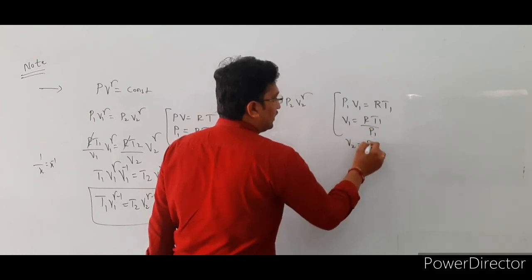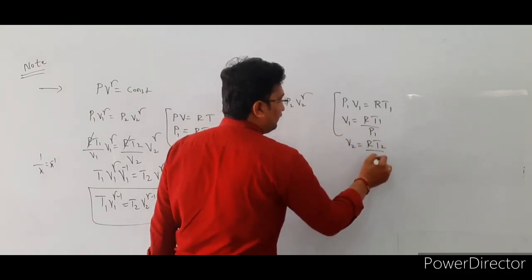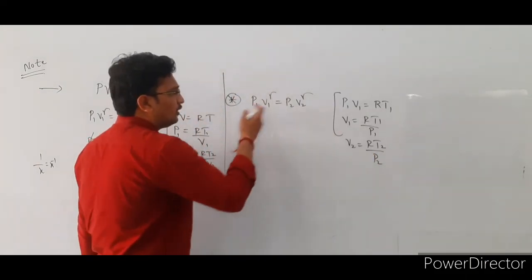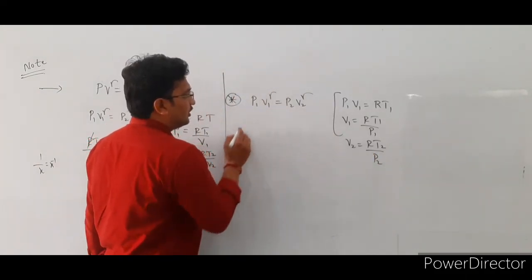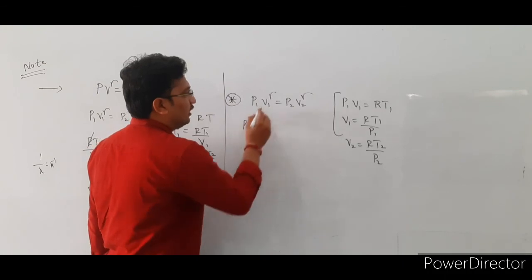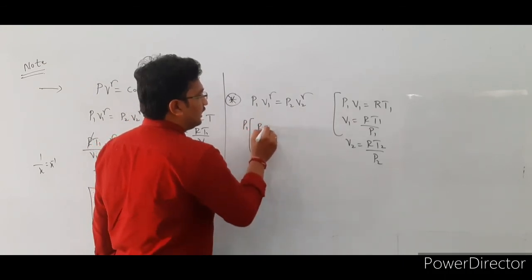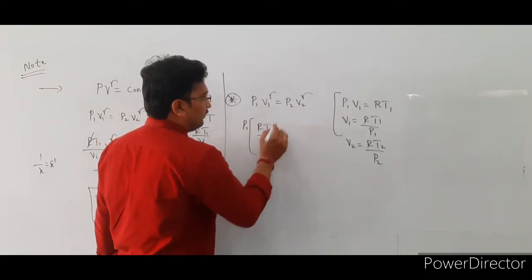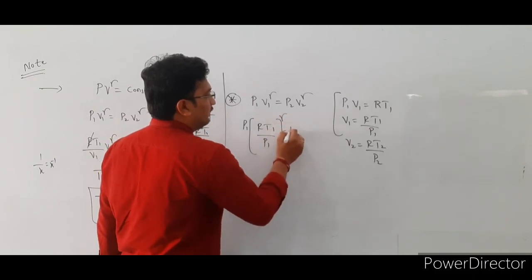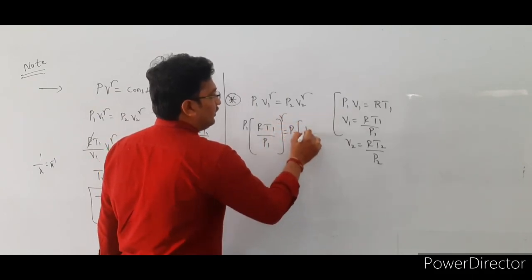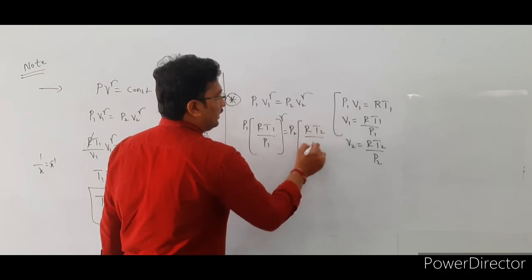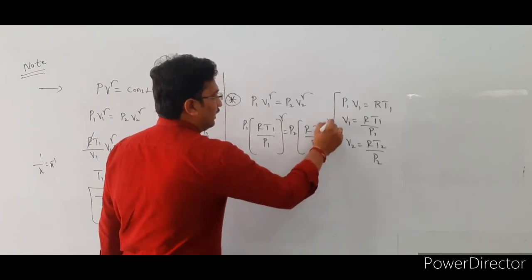Similarly, V2 is equal to RT2 divided by P2. Substitute the V1, V2 values in this relation, that is P1 bracket of the V1 value RT1 divided by P1 to the power of gamma, P2 bracket of the V2 value RT2 divided by P2 to the power of gamma.